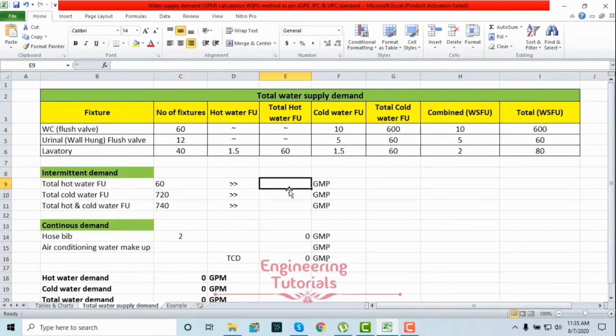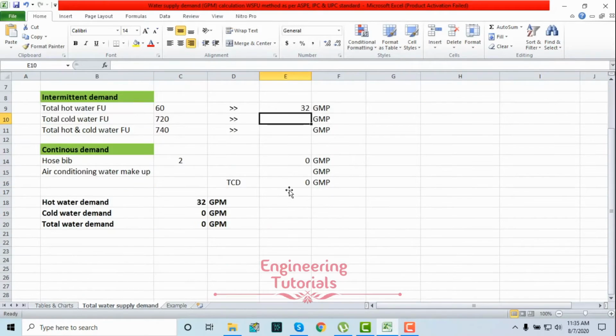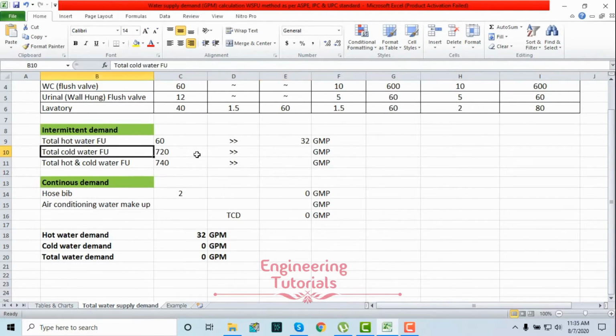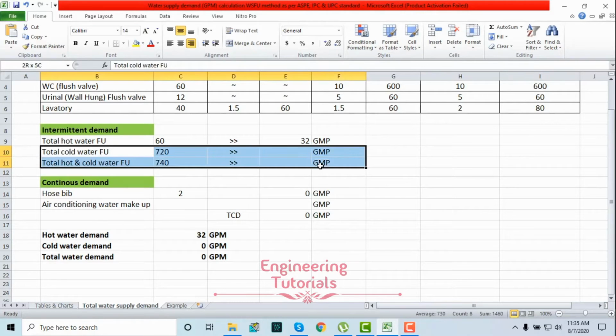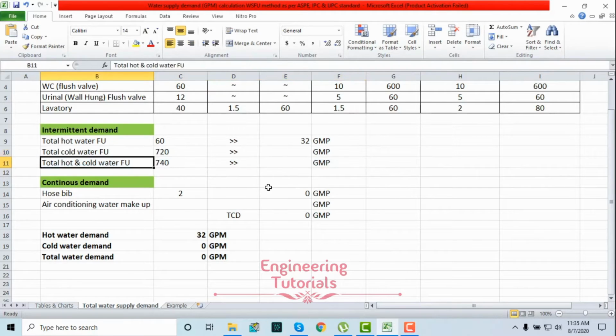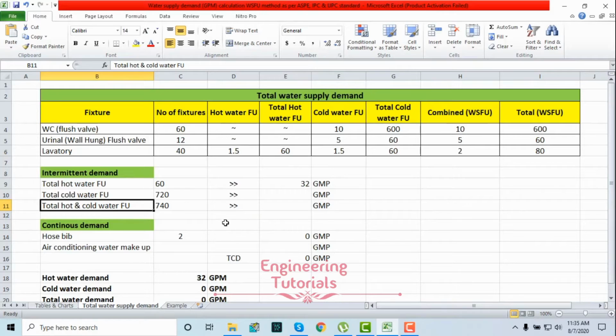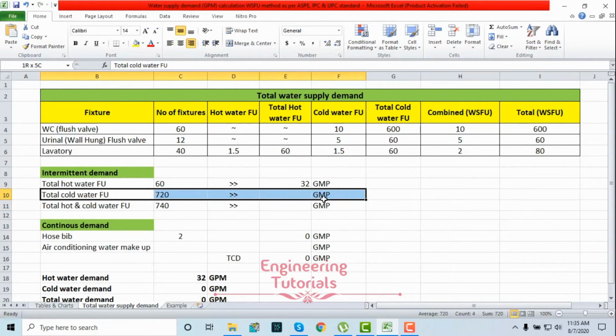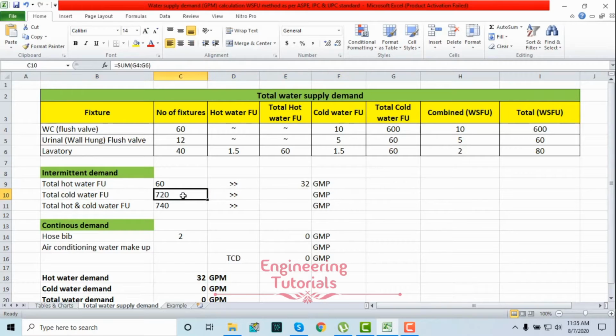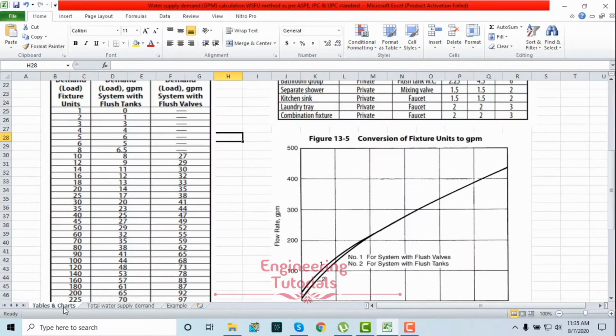So we're going to write 32 GPM in here, and then we have to get the value for the cold water fixture unit and the combined fixture units value also. Total cold water fixture units are 720 in here. Going back, for cold water we have a flush valve type, so we are going to use the flush valve column in here.